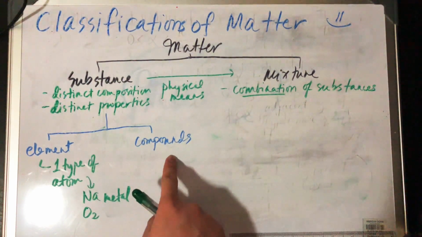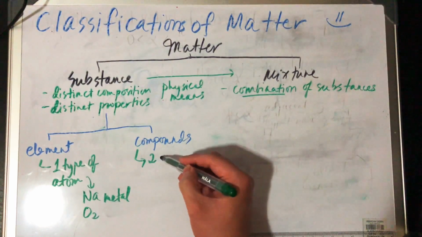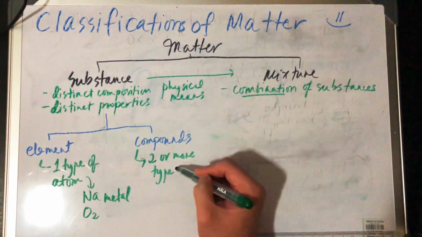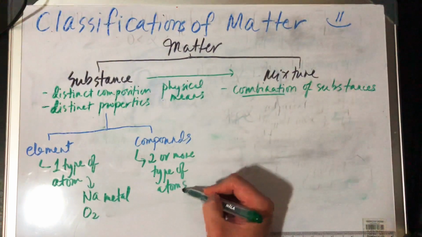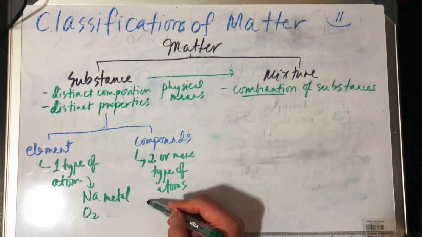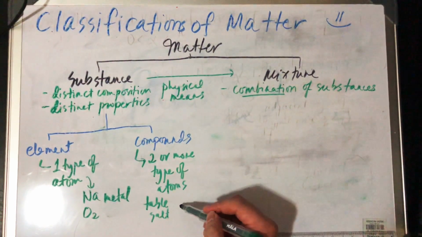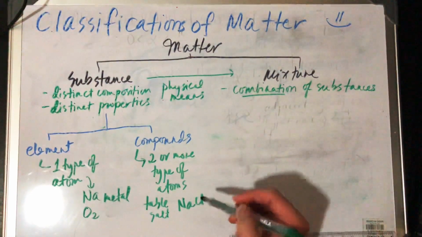Now, compounds are composed of two or more types of atoms. For example, table salt, whose chemical formula is NaCl.